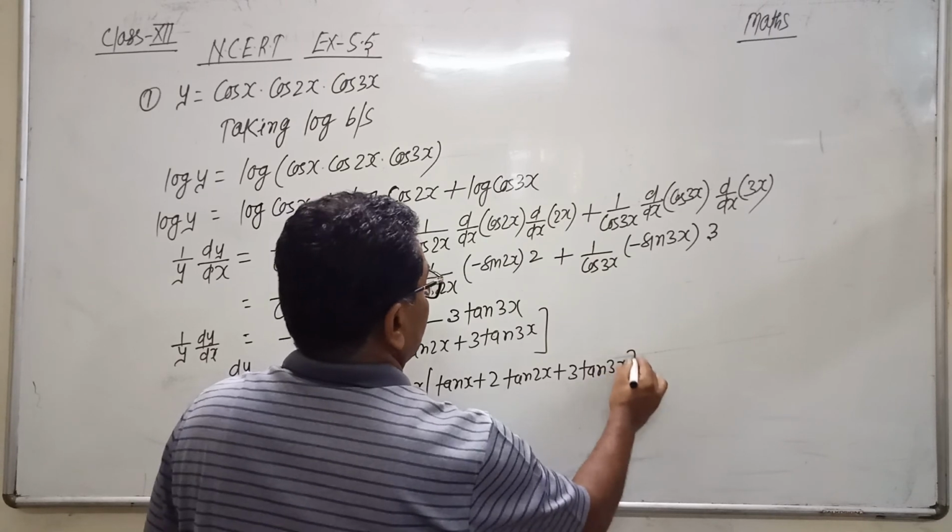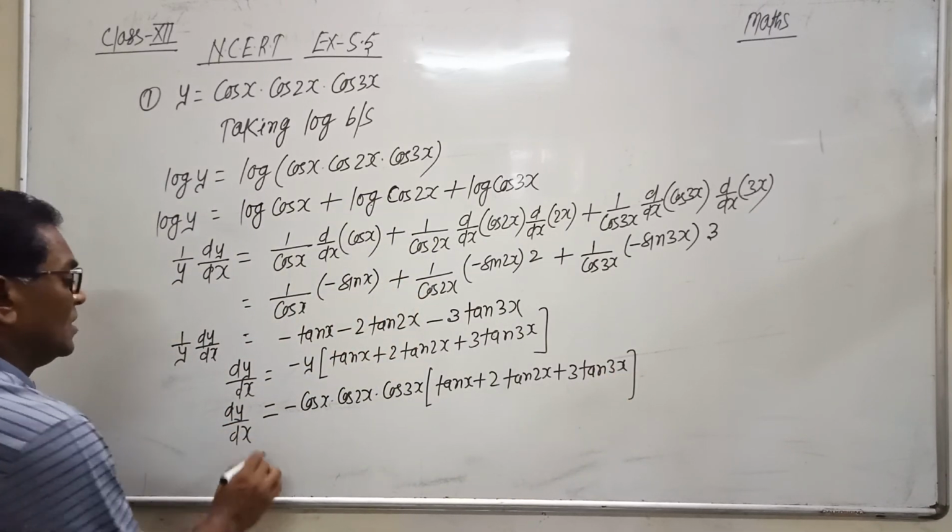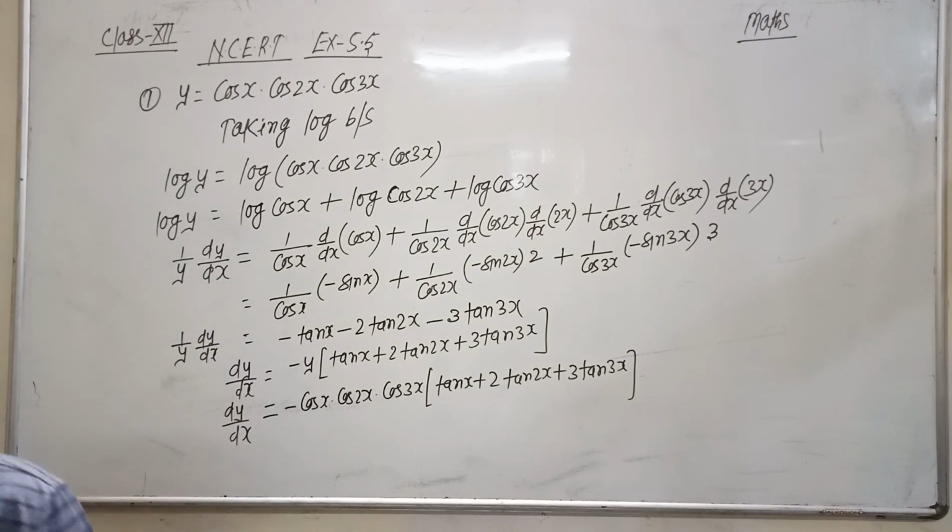So this is the result: dy by dx equals minus cos x into cos 2x into cos 3x, and in brackets tan x plus 2 tan 2x plus 3 tan 3x.